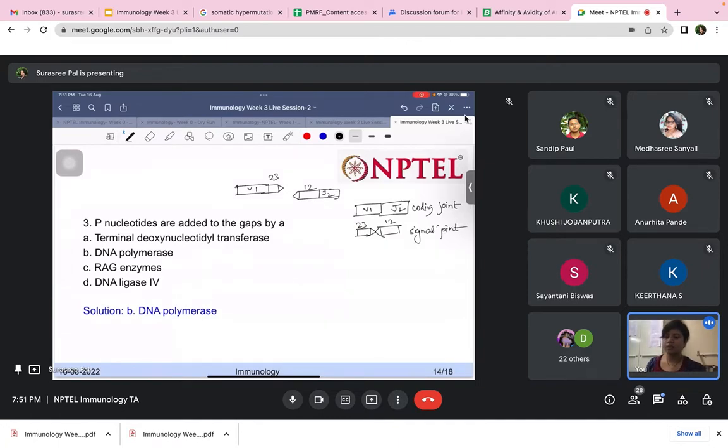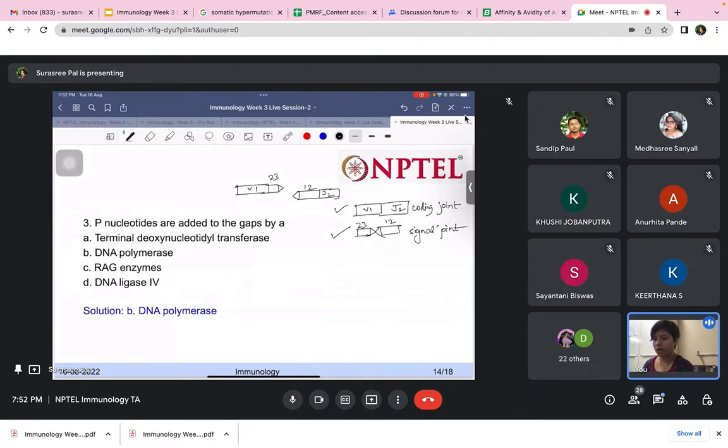You will learn this when you go through the recombination event in a bit more detail, and it is also explained by the professor in the lectures. If you follow the lectures, you will understand it better. So this is the coding joint and this is the signal joint, which are observed during this recombination event.